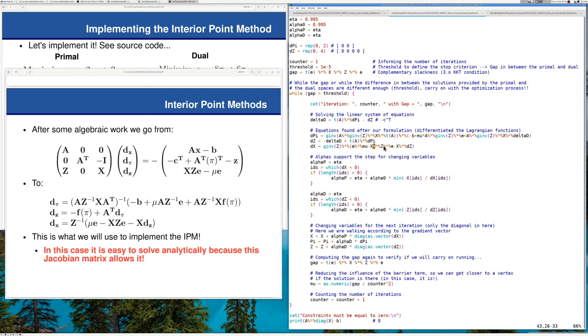Minus X product by Z product by our one vector with ones, of course, that's why we call it a one vector, okay? And minus X product by DZ. I just want to go back with you guys, remember DZ here with zeros, okay?